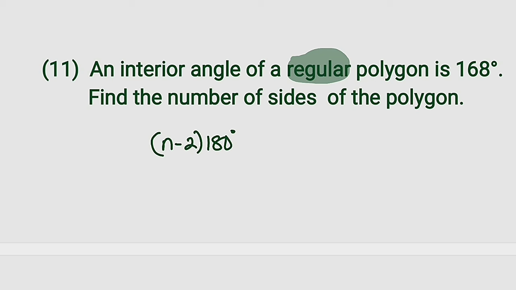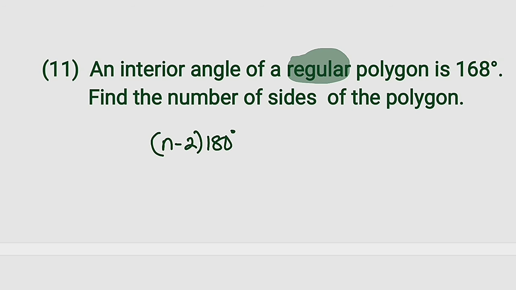For example, if you are dealing with a triangle that has 3 angles and 3 sides, the sum of all its interior angles equals 180 degrees. So where n is 3 for triangle, 3 minus 2 will give us 1, and 1 times 180 is still 180. But in this case, we don't know the number of angles.